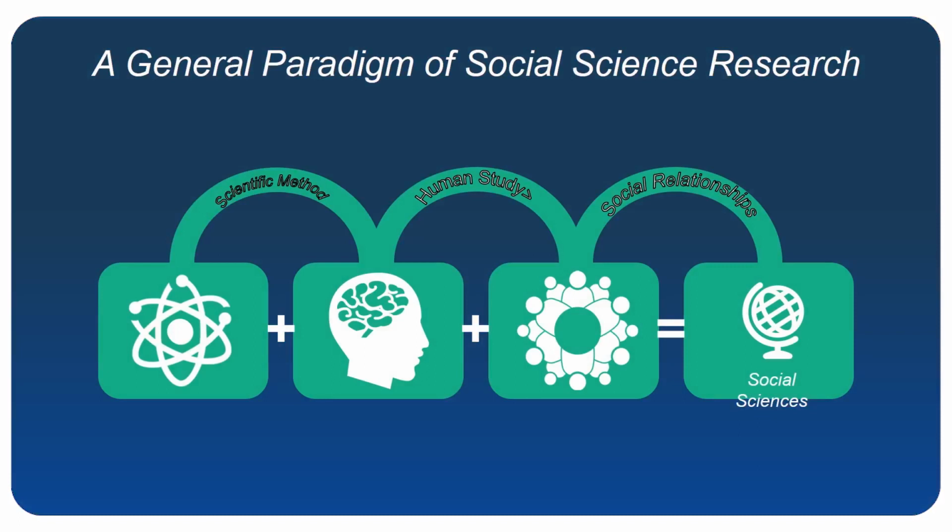It is a scientific domain, but at the same time, the target is always society of human beings. Therefore, we need to be scientific, but at the same time, the principles of science will have to be used in understanding various aspects of human beings. That is what social science research is all about.